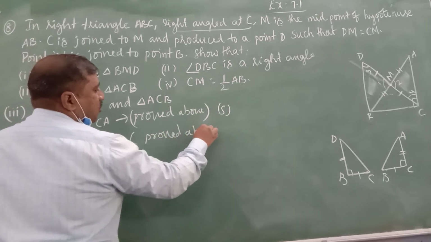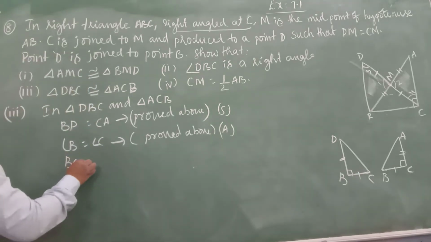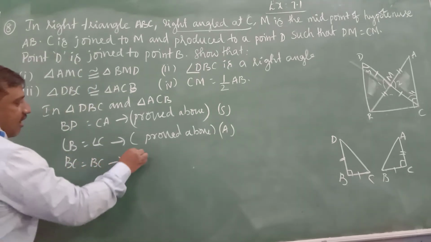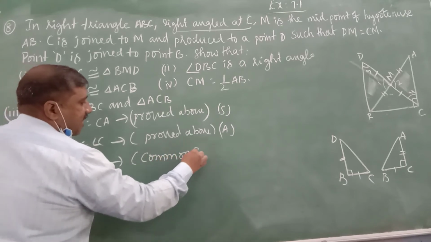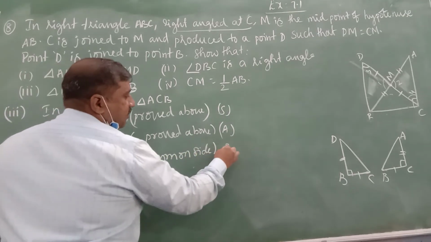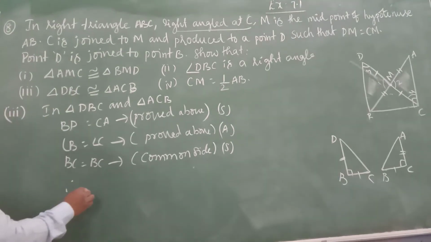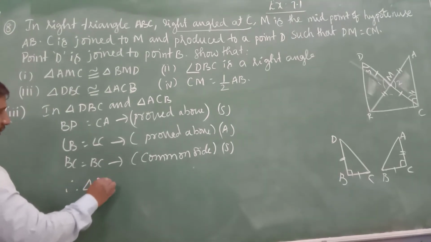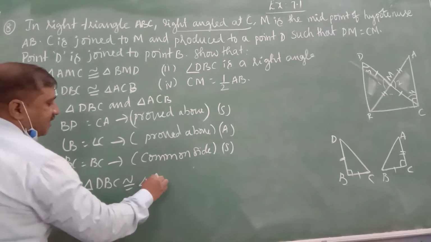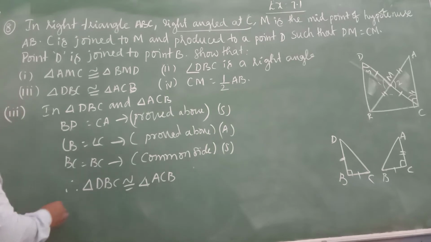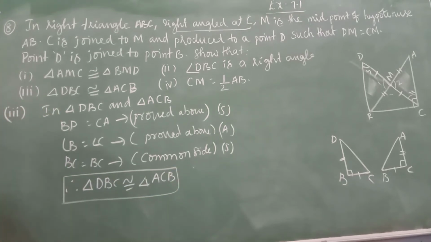That is a right angle, both are right angles. And then BC is equal to BC, common side. It is a side. So by SAS congruency, the two triangles are congruent. Therefore, triangle DBC is congruent to triangle ACB.